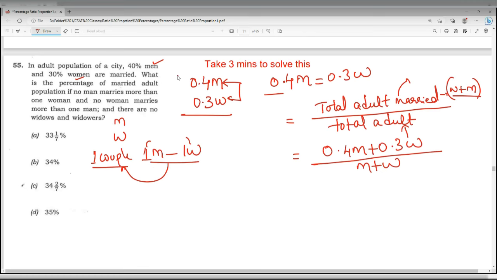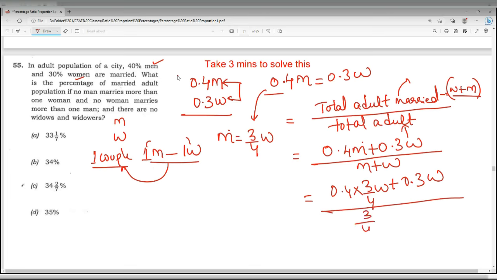From this equation, we know that m is equal to 3 by 4 w. I've taken 0.3 divided by 0.4, which is 3 by 4. So I'll substitute the value of m in this equation. That would be 0.4 into 3 by 4 w plus 0.3 w, divided by 3 by 4 w plus w.